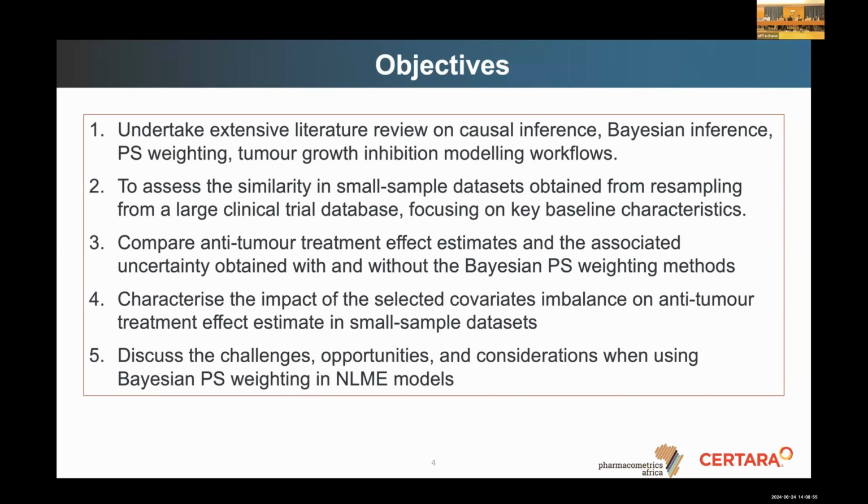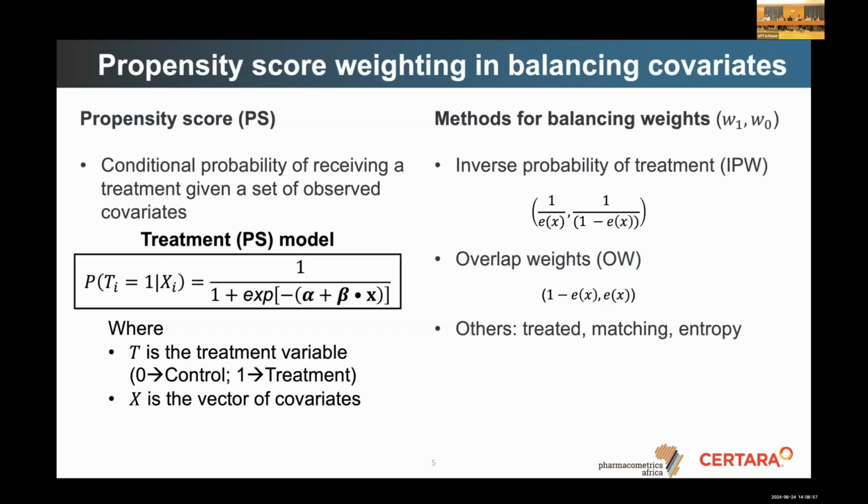So first of all, just brief insight into propensity score analysis. Propensity scores refers to the conditional probability of receiving a treatment, that is either one treatment arm or the other, so a treatment or a control, given a set of observed covariates.